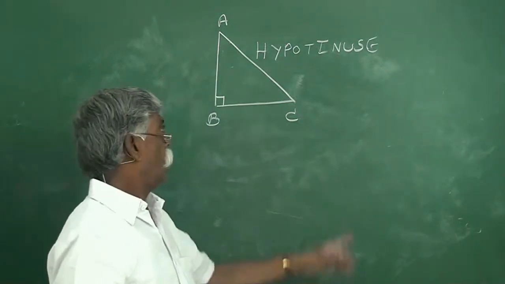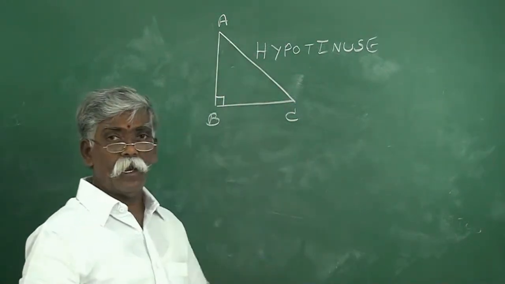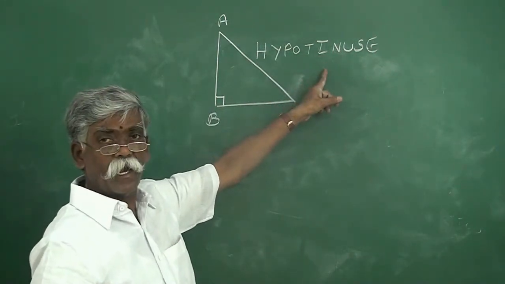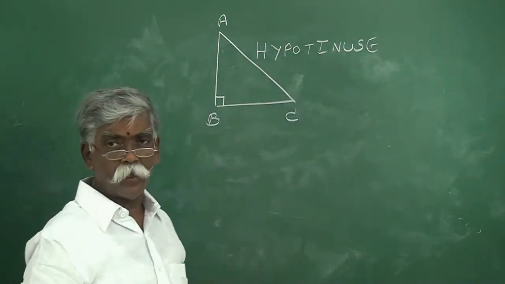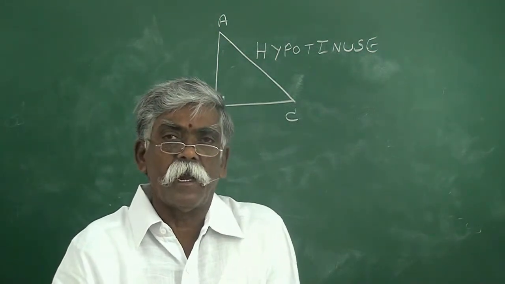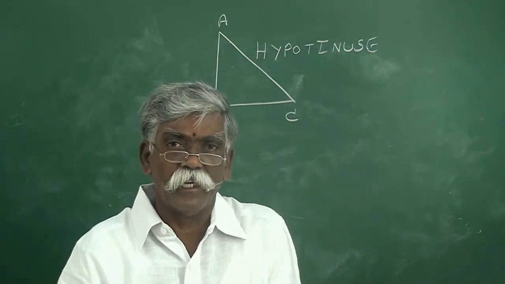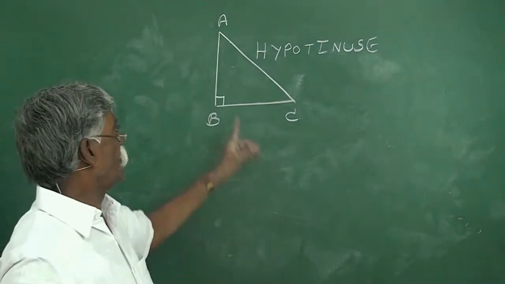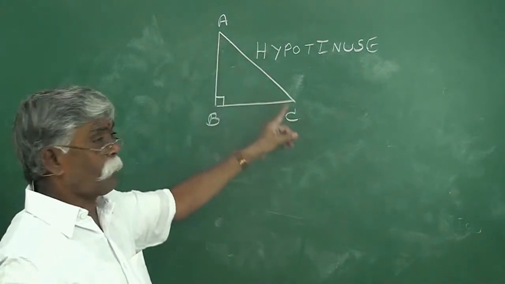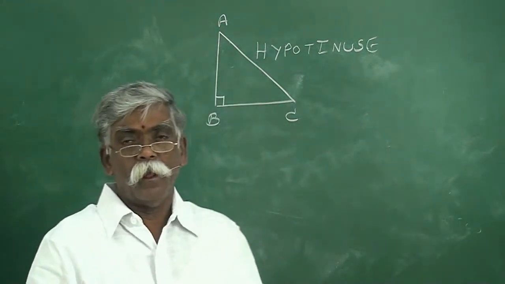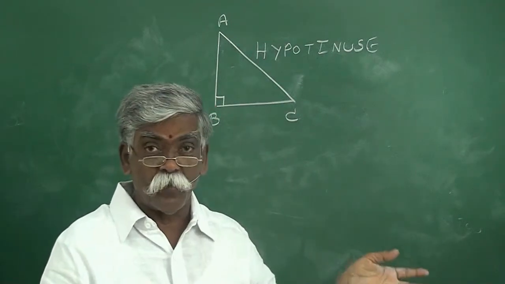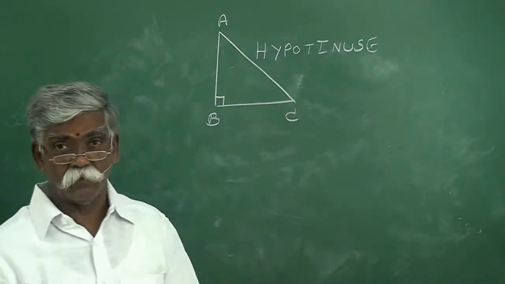So if this is a right angle triangle, the angle opposite to the right angle is called the hypotenuse, and we know that the sum of all the three angles of a triangle is 180 degrees. So this is 90. So angle A plus angle C is 90 degrees, but it doesn't mean that it should be 45 and this also should be 45.